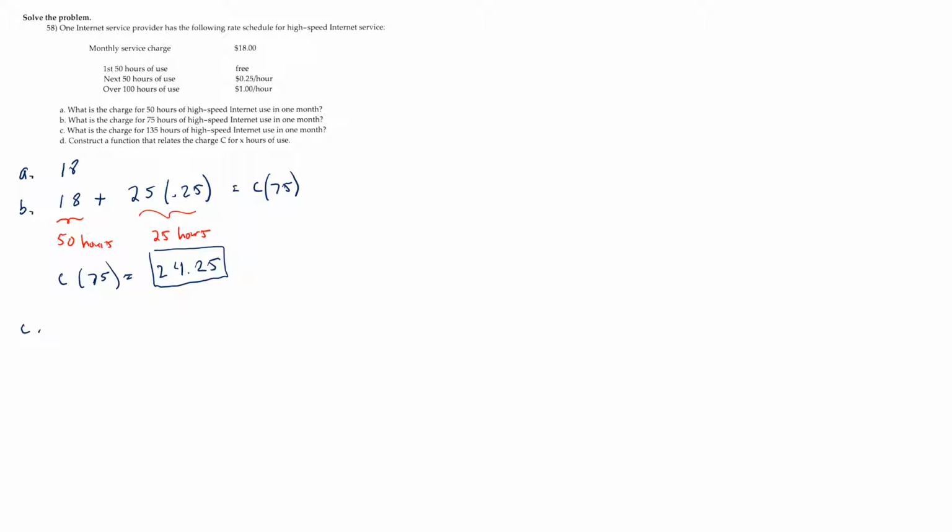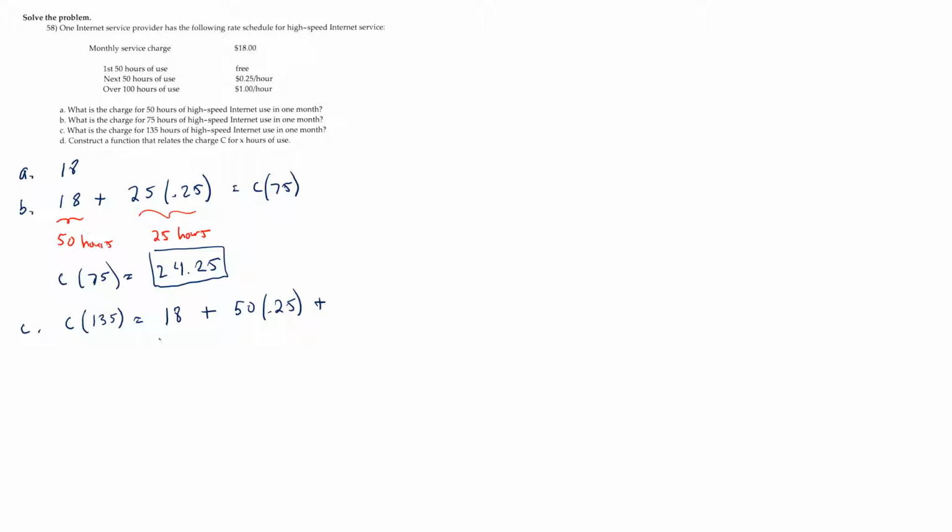Part C says, what if I use the internet for 135 hours? So I want to find the cost for using it for 135, C(135). Well, once again, it's going to be $18 for the first 50 hours, and then for the next 50 hours, I'll have to pay a quarter.